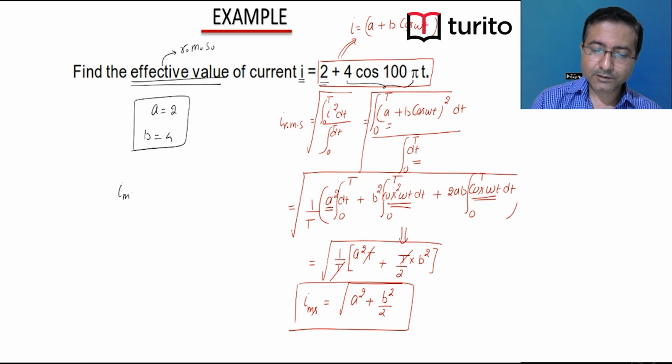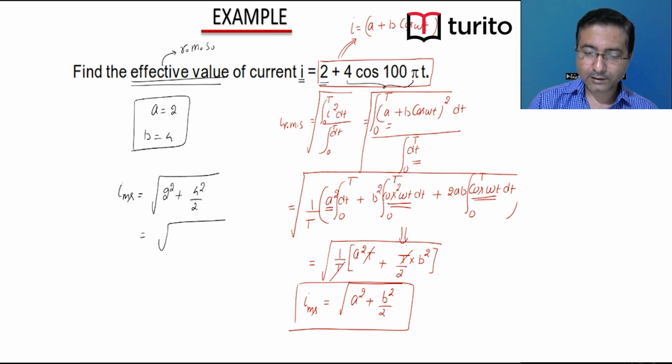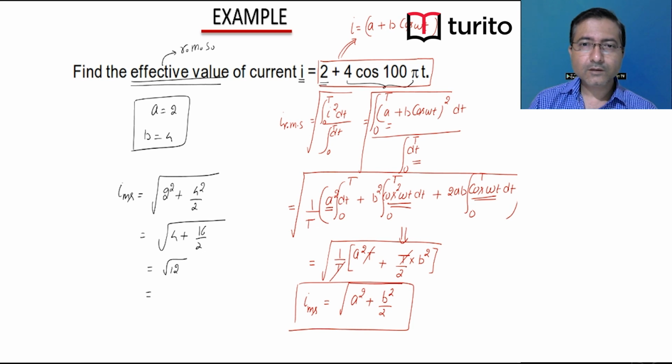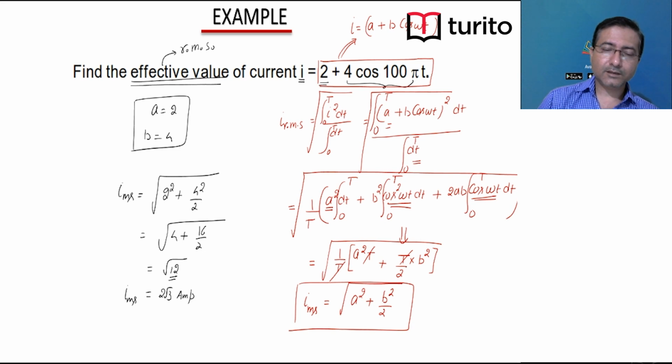So IRMS is under root of 2 square plus 4 square by 2. So under root of 4 plus 16 by 2, that is under root 12. If I further simplify, I am getting 2 under root 3 ampere. So IRMS is coming 2 under root 3.